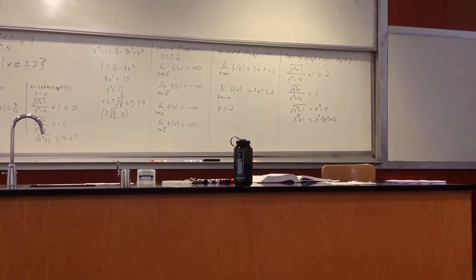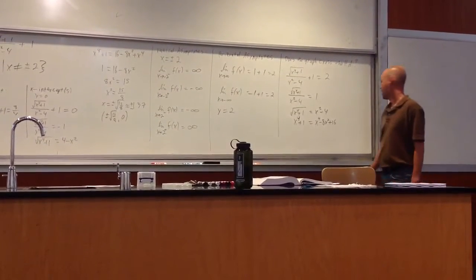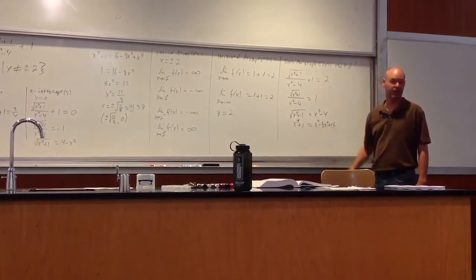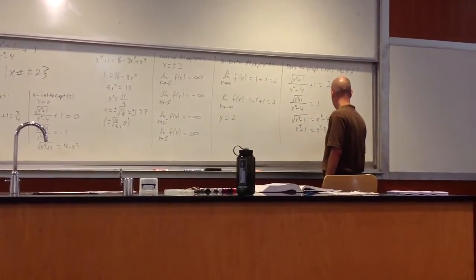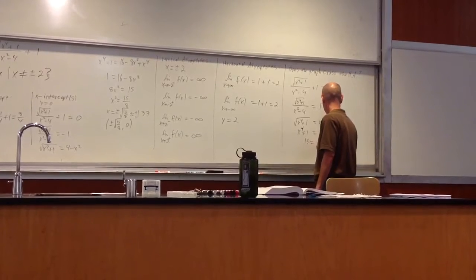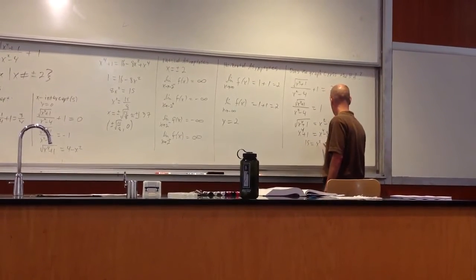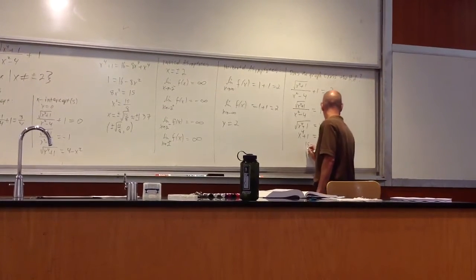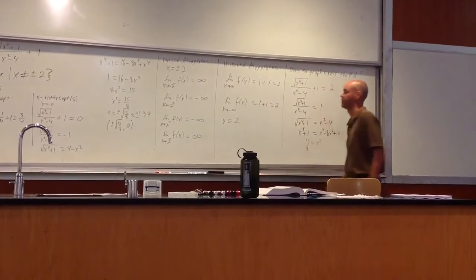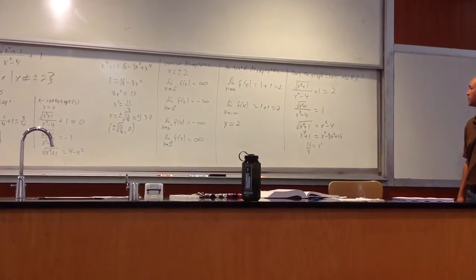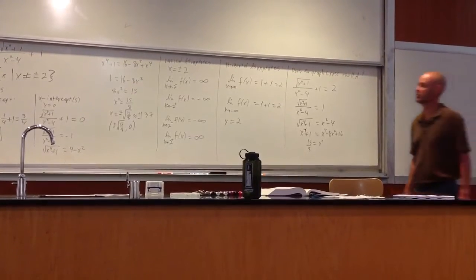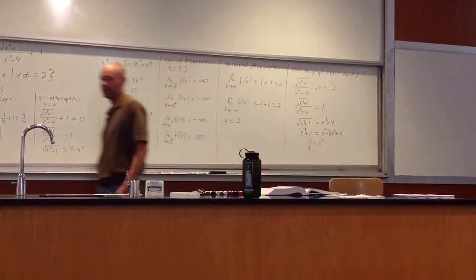Kind of the same. The x to the 4ths are gone, right? So let's see what we get. Cross the horizontal asymptote?